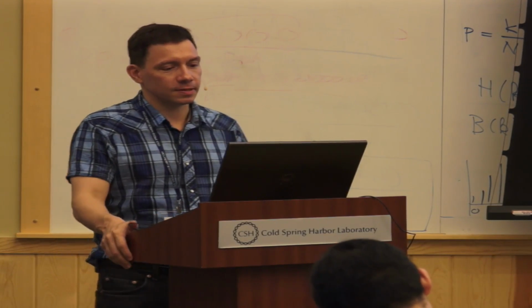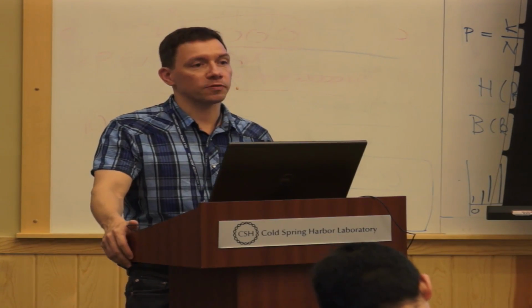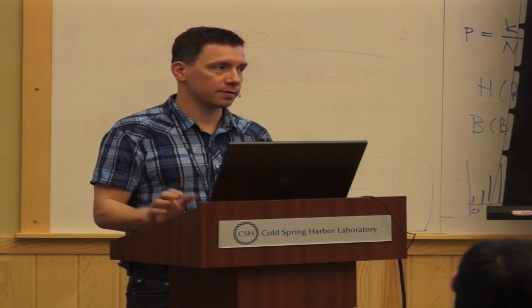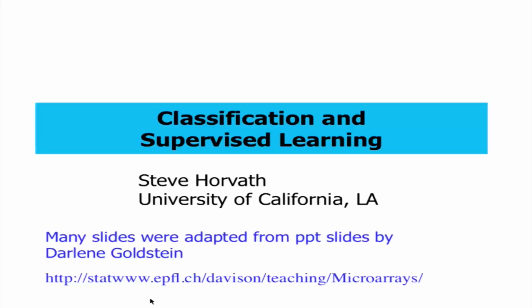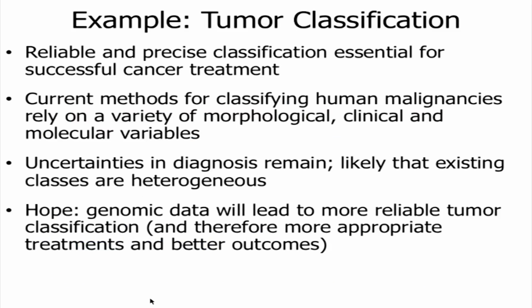So first we start out with supervised learning, which is also known as prediction analysis or prognostication and so on. To give you a motivational example, consider tumor classification. Of course, when you have a tumor, the precise classification is crucial for informing your treatments.